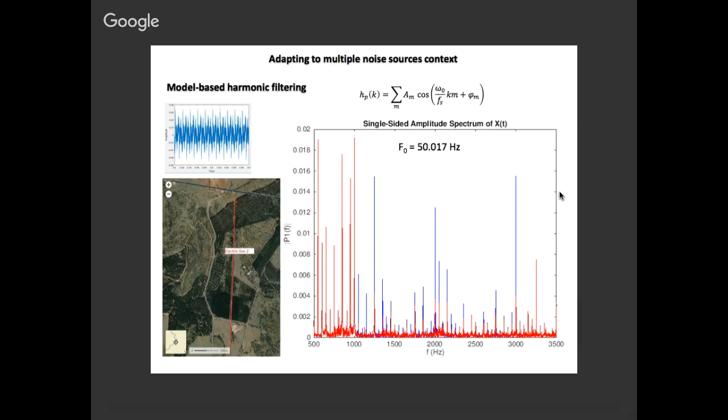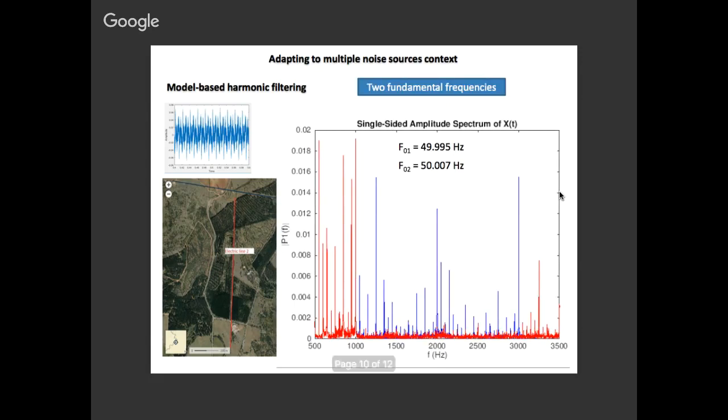We have a significant reduction of the noise, but we still have some harmonics left. And the reason why is that, in fact, this second electric line also has an impact on the signal we measure. To improve the noise reduction, we had to make the model-based harmonic filtering considering two fundamental frequencies.